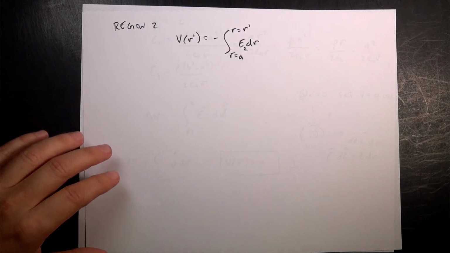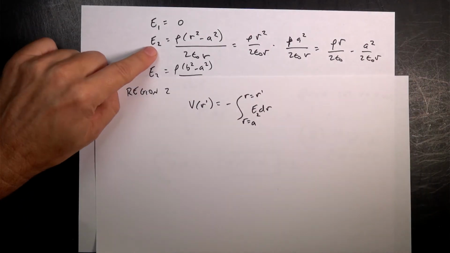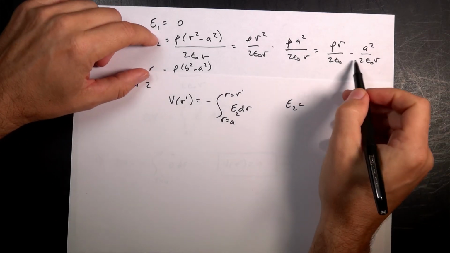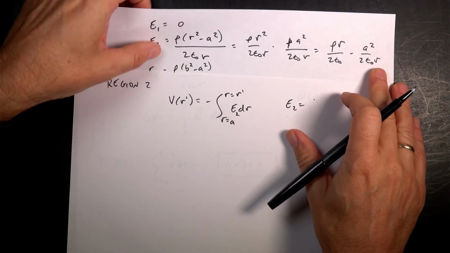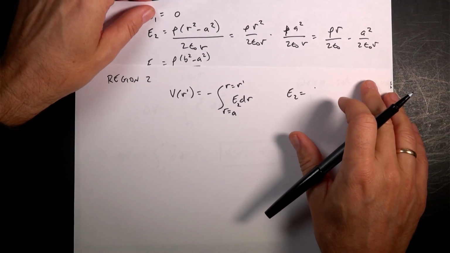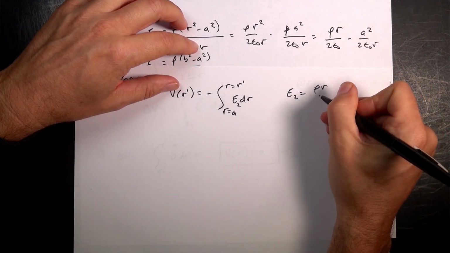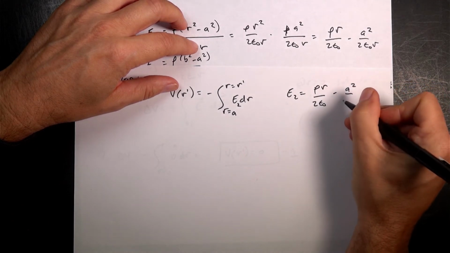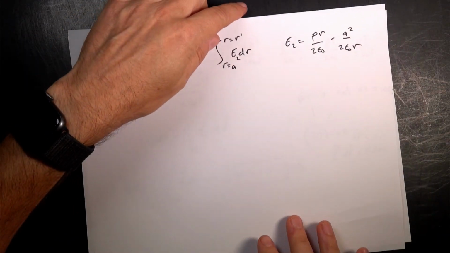So if you go back over here, where did I put it? E2. So let's write down E2. E2 equals, I'm going to use this form right here. If you notice something, you're like, hey, why did you break it up in those pieces? Because that's how I'm going to have to integrate it anyway. A little foresight there. Rho r over 2 epsilon naught minus a squared over 2 epsilon naught r. Okay. So that's my electric field.